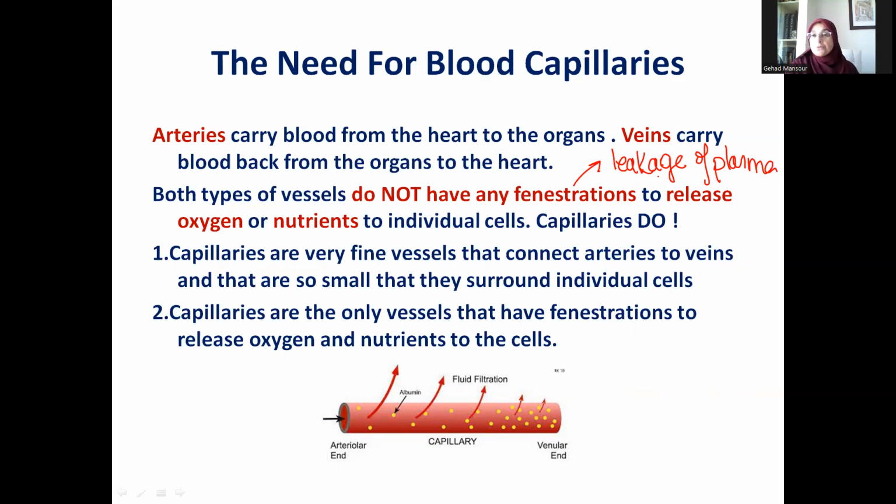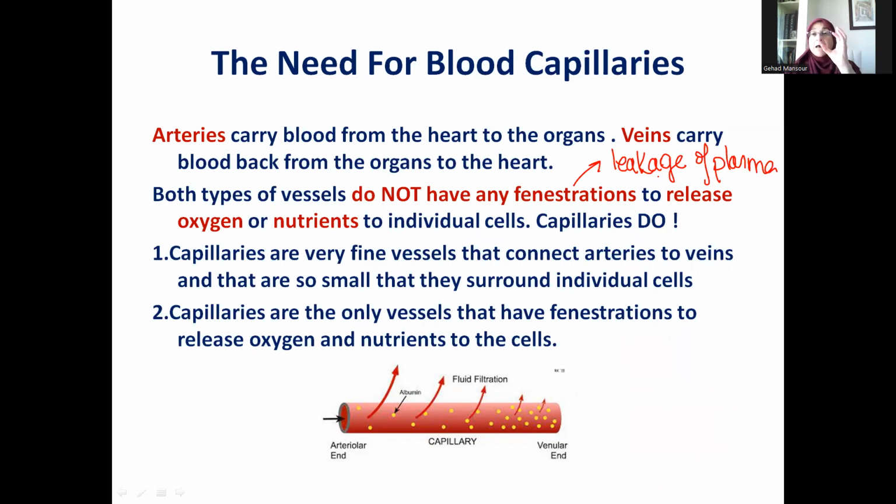Other than the blood capillaries, all the other blood vessels in the cardiovascular system do not have fenestrations, do not allow leakage of plasma, and therefore do not allow exchange, do not allow delivery of plasma loaded with oxygen and nutrients.